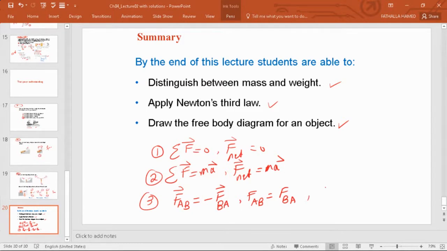But you cannot say vector F_AB equals vector F_BA. That's wrong, because you have a vector sign on the top, and of course these two vectors are equal in magnitude, which is here, but opposite in sign. Is this clear? Any question on this? Good.